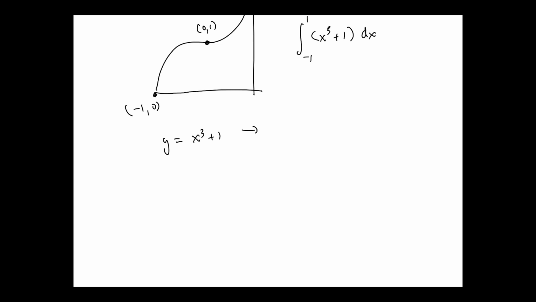And if I did that, what would I get? I'd get the cube root of y minus 1, okay? Do we accept that? Yeah, just take this, turn it into that. That's pretty easy, right? Yes?